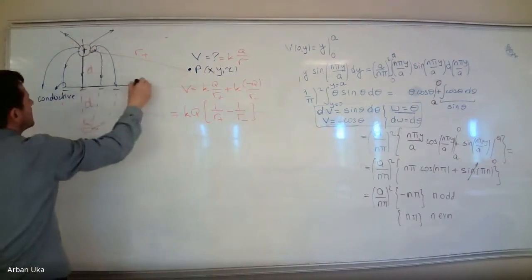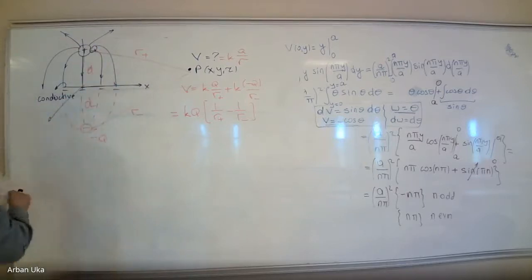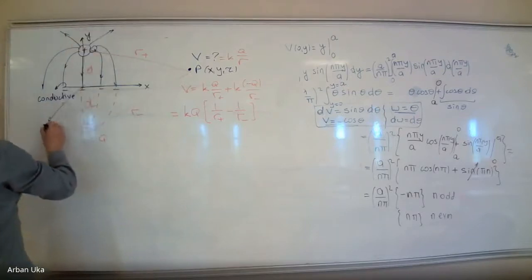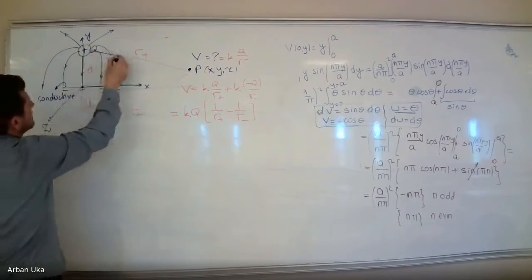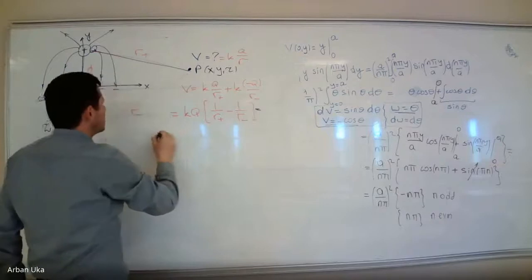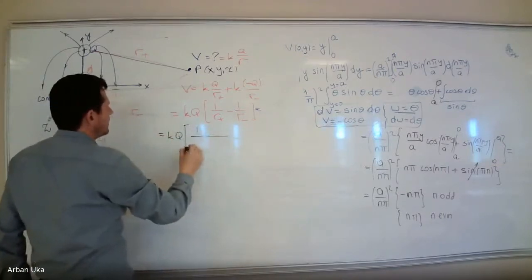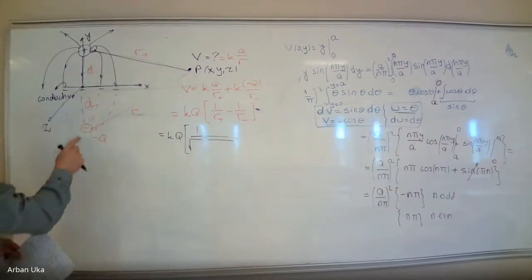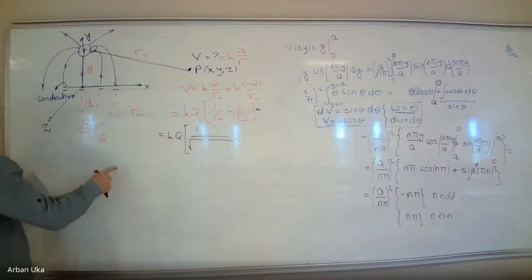Here we consider the x-axis, y-axis, and z-axis. So then this specific distance can be written as kq times 1 over the magnitude of this vector, which is the Euclidean distance between two points.